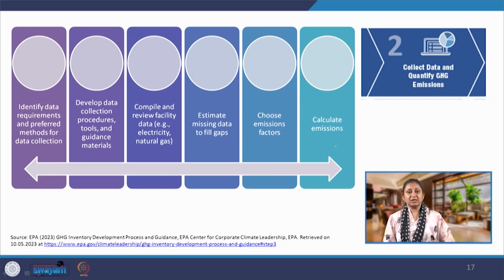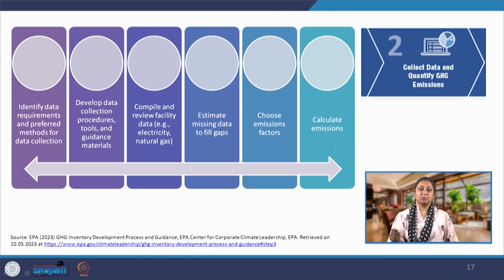For each of these inventories, if you remember the 14064, we already have some standard methodologies for accounting for each of these inventories. We will select those methods, and once we have selected, we will also identify how the data has to be collected for these inventories, and then we will start collecting the data and putting it in these inventories. We will have some data which will be missing or some data which is inaccurate.